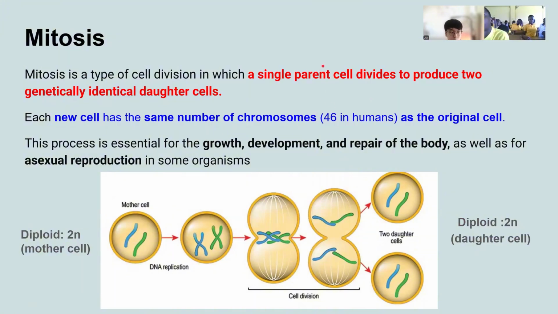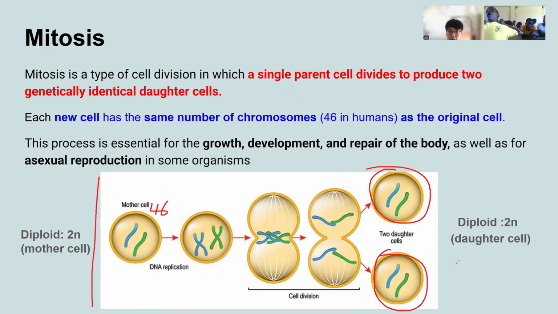But it's different from mitosis, which is another type of cell division, where a single parent divides into two identical daughter cells. So let's look at this diagram here. Humans start with 46 chromosomes, but the end result is two diploid cells.